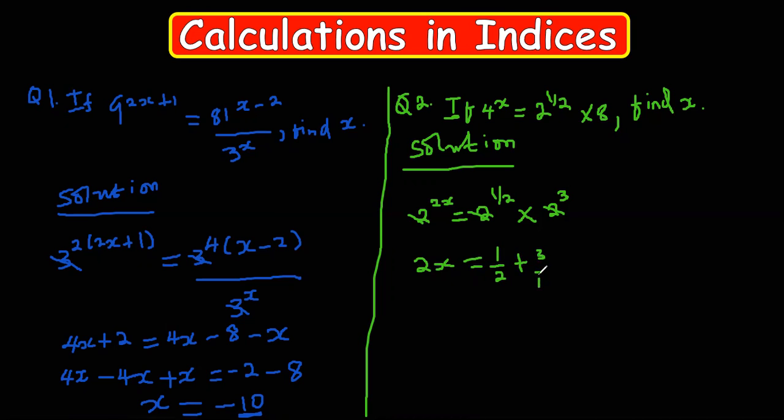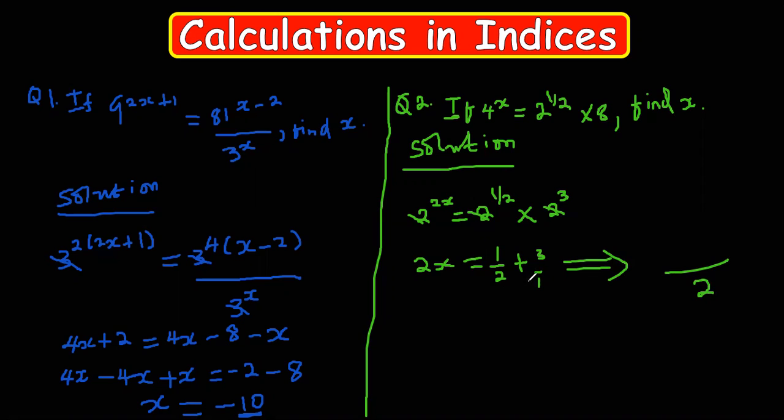Remember the multiplication law, so we add the indices here. What we need to do here is to take the LCM of this and simplify. Let me put it here. The LCM is going to be 2, and we simplify, so we have 2 cancel 2.